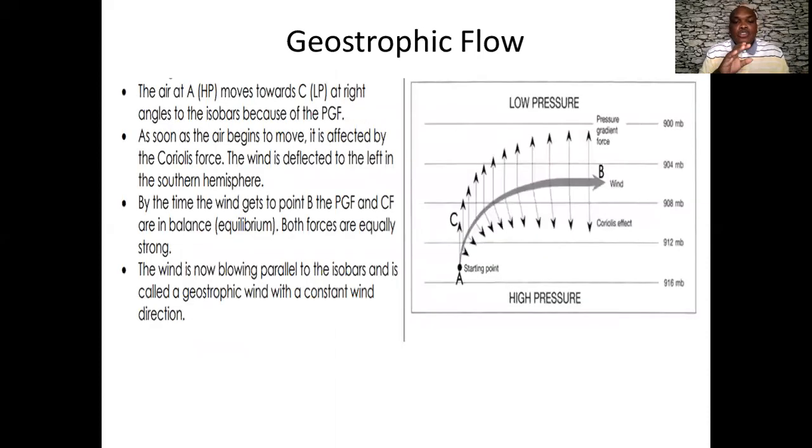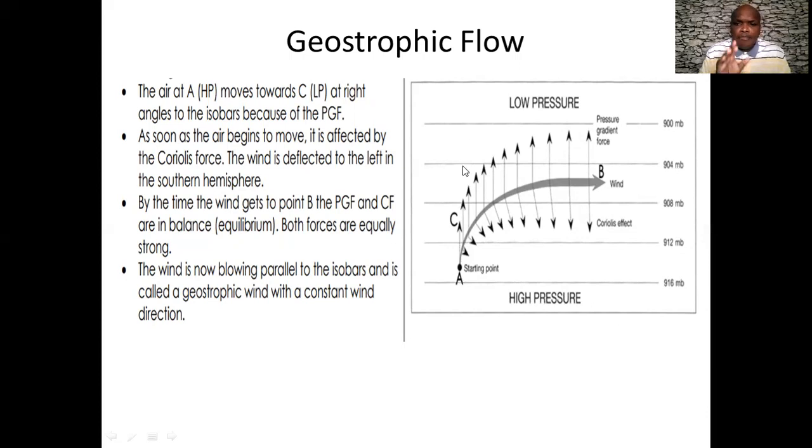Then if we have a look at this diagram, you can see that at A we have high pressure, and at the top there we have low pressure. The air is supposed to move from A to the low pressure at the top.